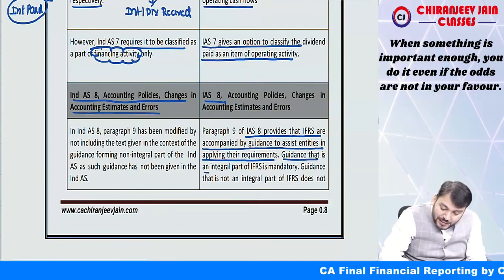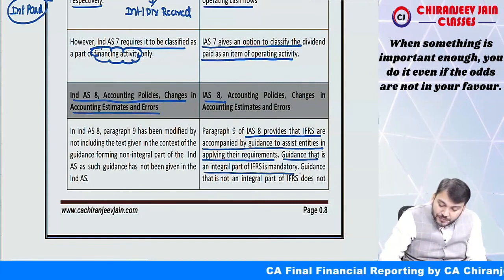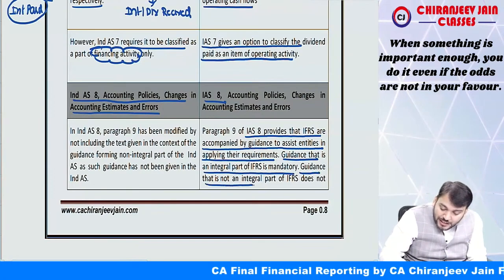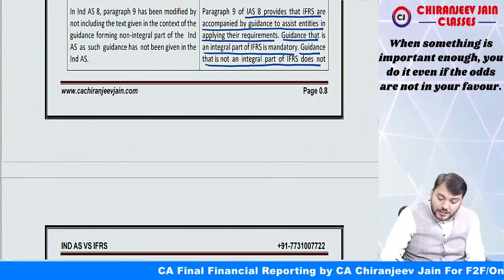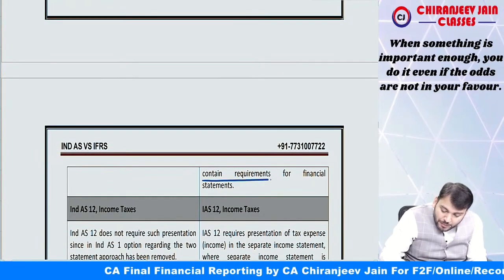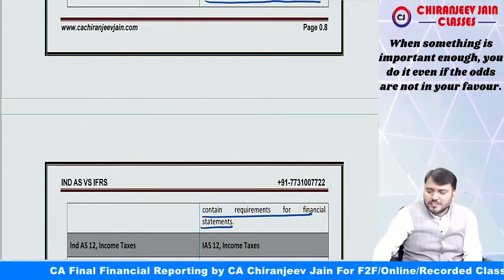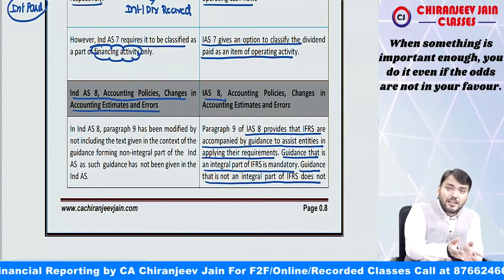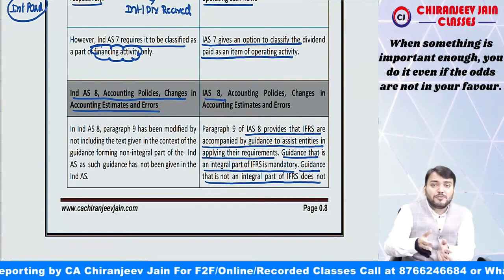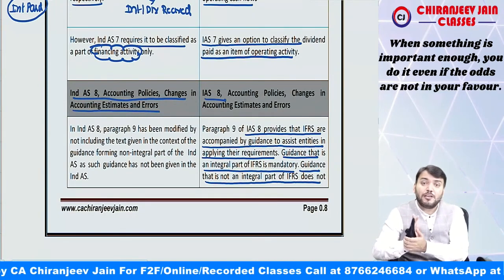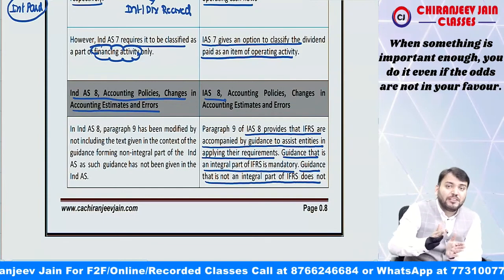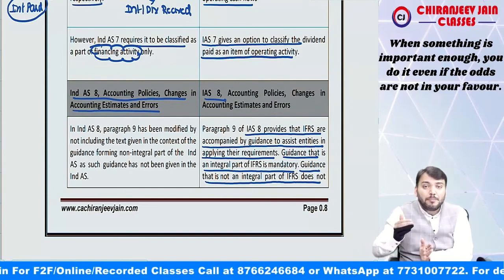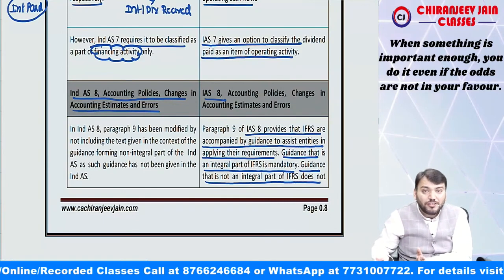Guidance that is an integral part of IFRS is mandatory, and guidance that is not an integral part of IFRS does not contain requirements for the financial statements. So, as per IFRS, they have given two kinds of guidance: guidance which is an integral part and guidance which is not an integral part. Guidance which is an integral part is mandatory to be applied while forming accounting policy for a given treatment.